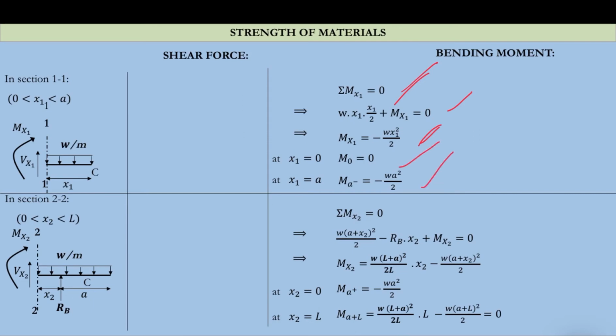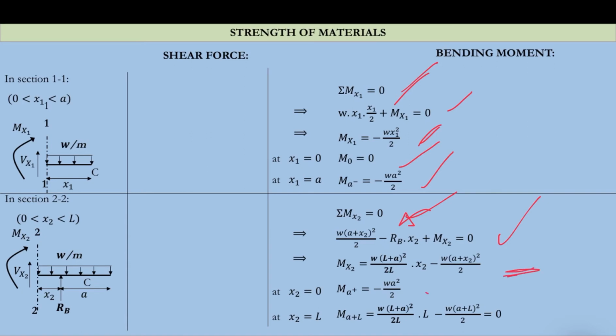At support B, on the right side of the support, it is coming out to be minus WA square by 2. Similarly, in span AB, we will put in the values, and the moment due to RB will also come into the picture.